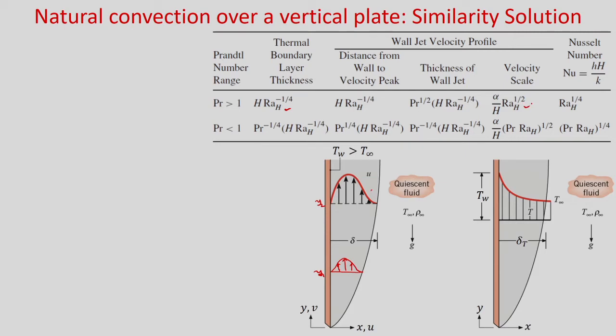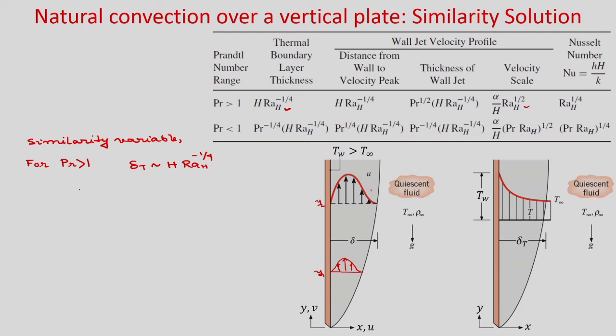So, the similarity variable eta can be constructed as x divided by any of these length scales. So, we can use this delta t, and we can write for Prandtl number greater than 1 the thermal boundary layer thickness delta t is of order H Ra_H to the power minus 1 by 4.